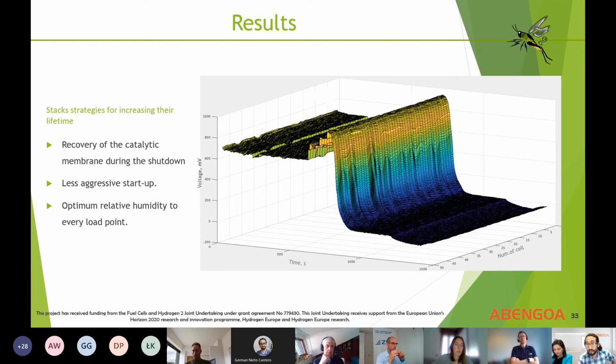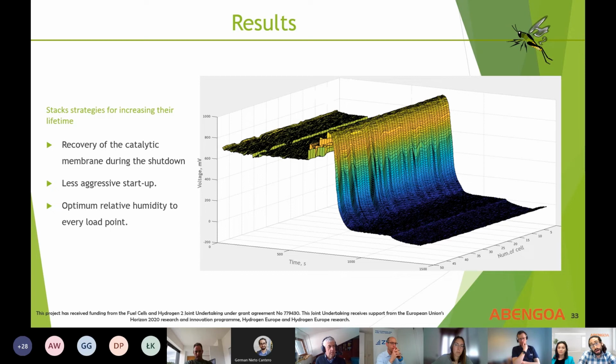And we have been talking a lot, all the partners, about the life expectancy of the stacks, and we have put a lot of effort as well into expanding the lifetime of the hydrogen fuel cell. In this slide, you can see, for example, one of the strategies implemented, known as oxygen depletion. The graph shows a very homogeneous reduction in the fuel cell.